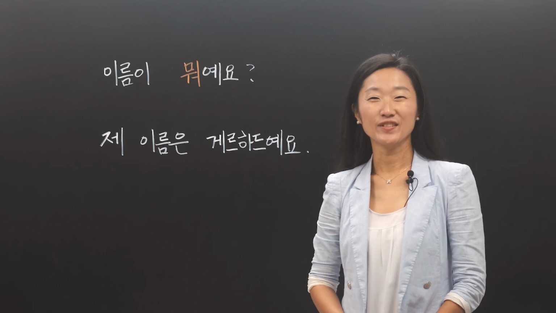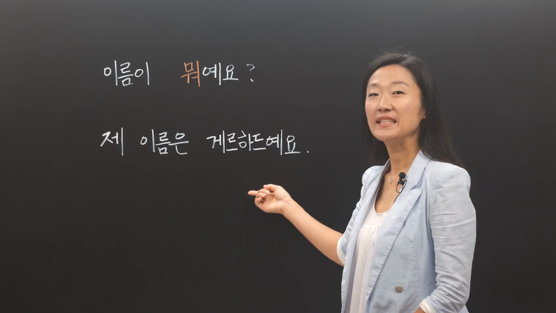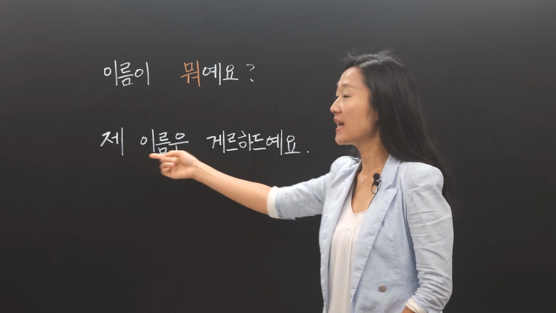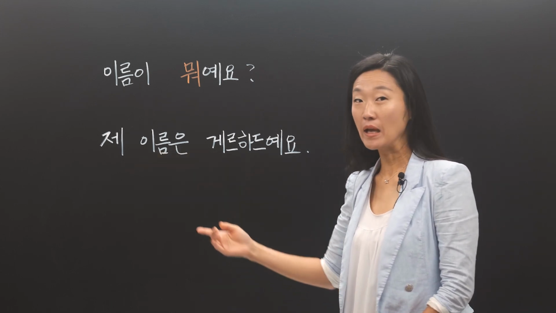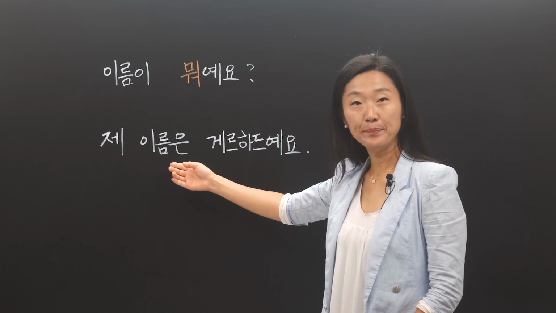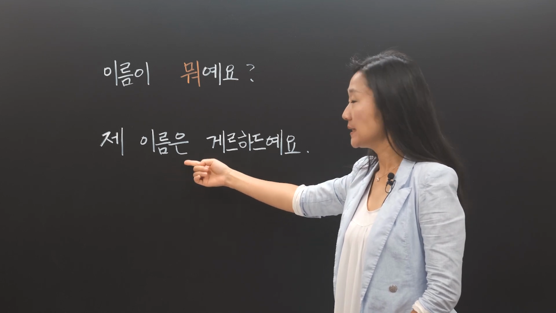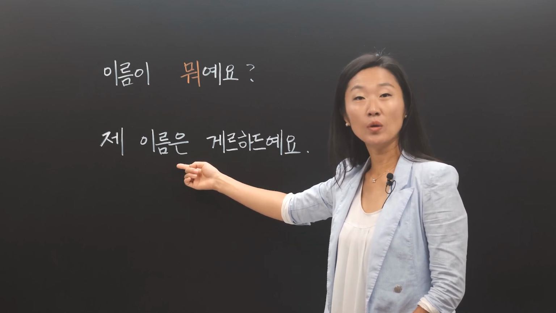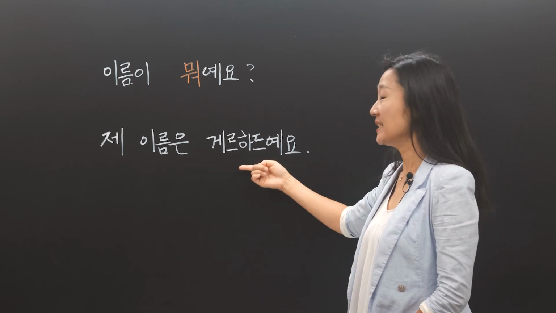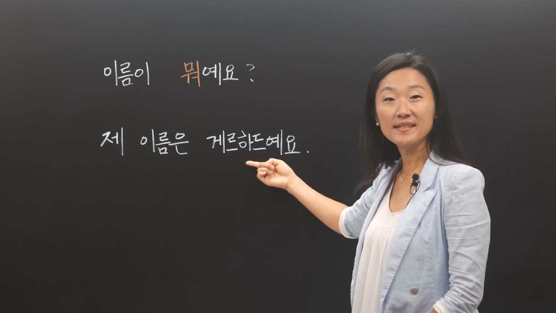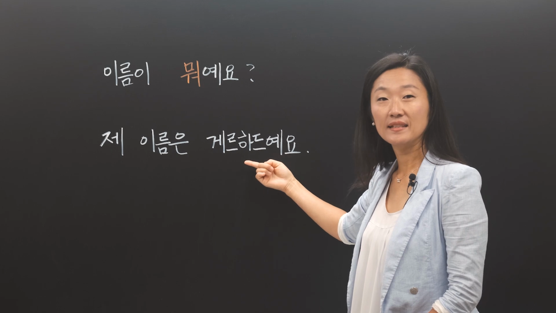Let's break it down. 제 이름은 게르하드예요. 제 is the polite possessive pronoun, meaning my. 이름 means name. 은 is the topic particle used after a consonant. 게르하드예요 means is Gerhard.